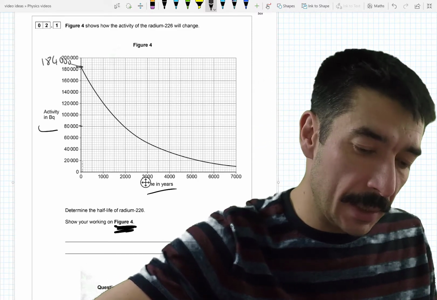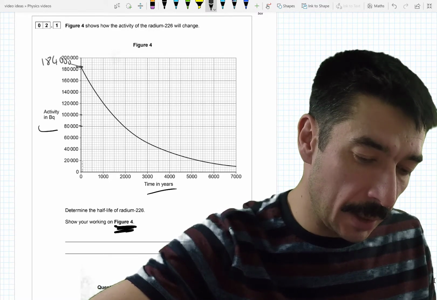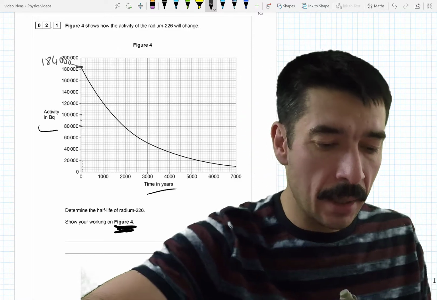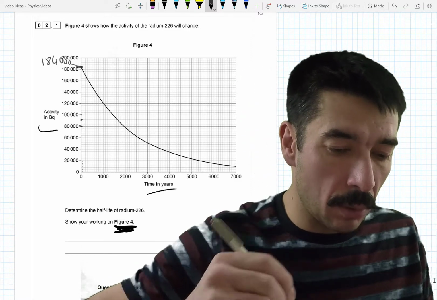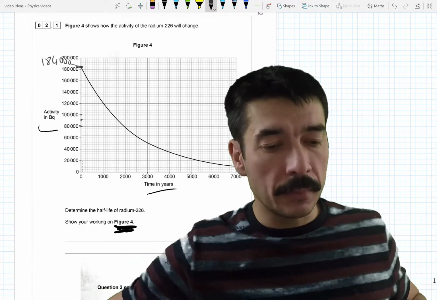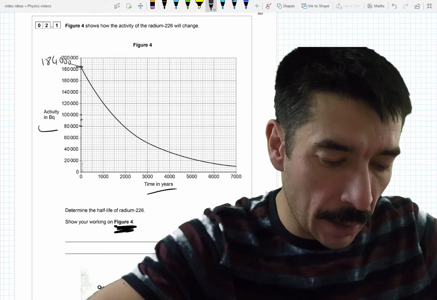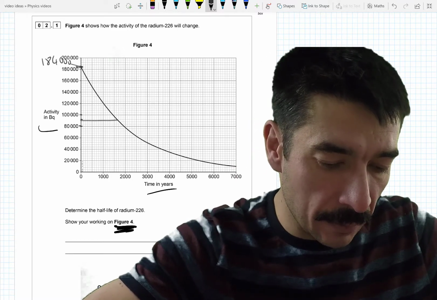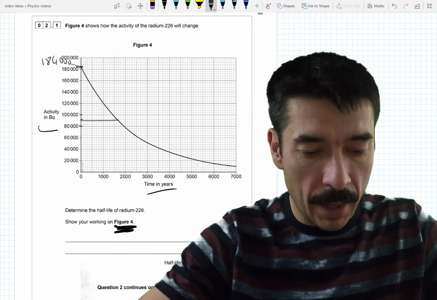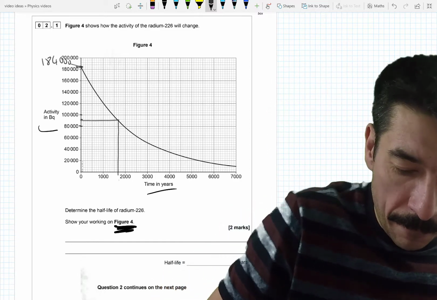If this is 80,000 and this is 100,000, then 92,000 is almost exactly in the middle, just slightly higher. In fact, I think that is exactly 92,000. Now, using a ruler, I'm going to draw a line across from the 92,000 value and draw a line down from where it touches the half-life curve.